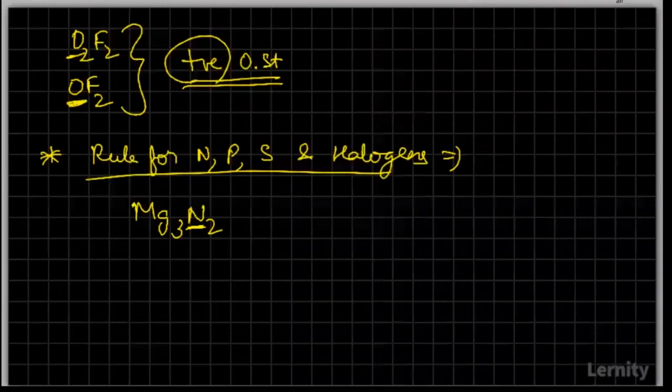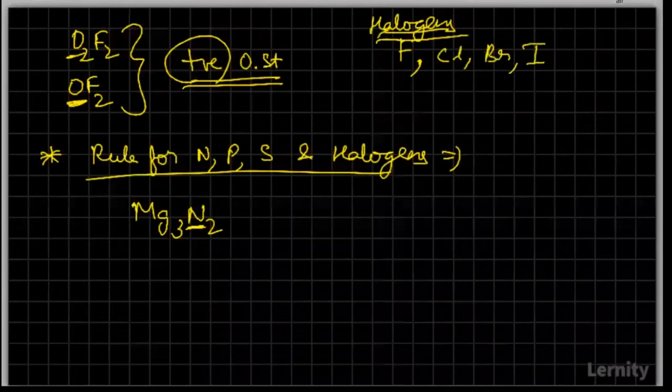Okay, you want the examples of halogens? You can write this down. So these are halogens: fluorine, chlorine, bromine, iodine. These are known as halogens. Yes, you can try to answer the oxidation number of nitrogen in magnesium nitride.